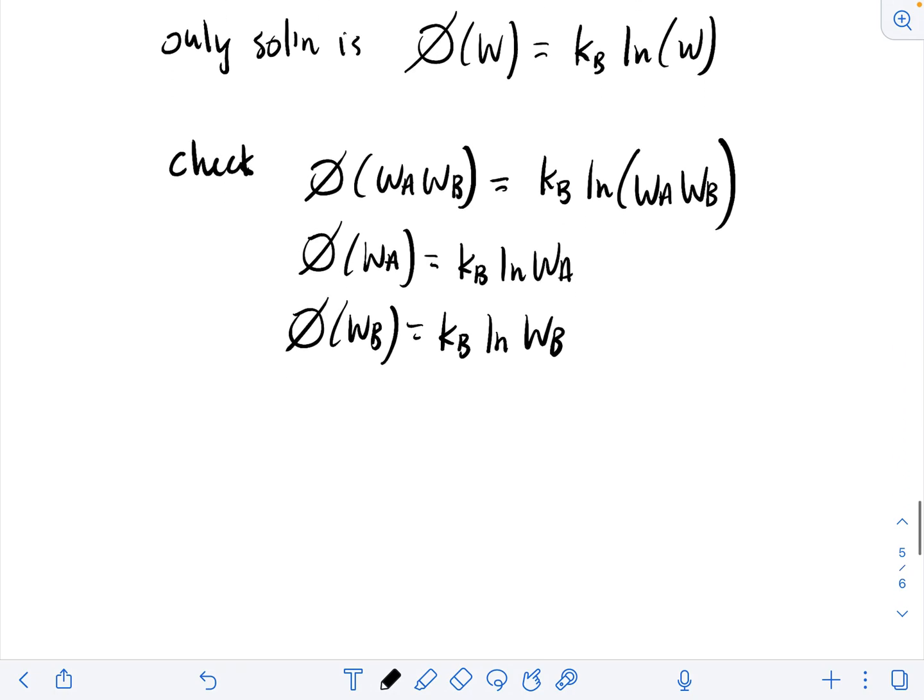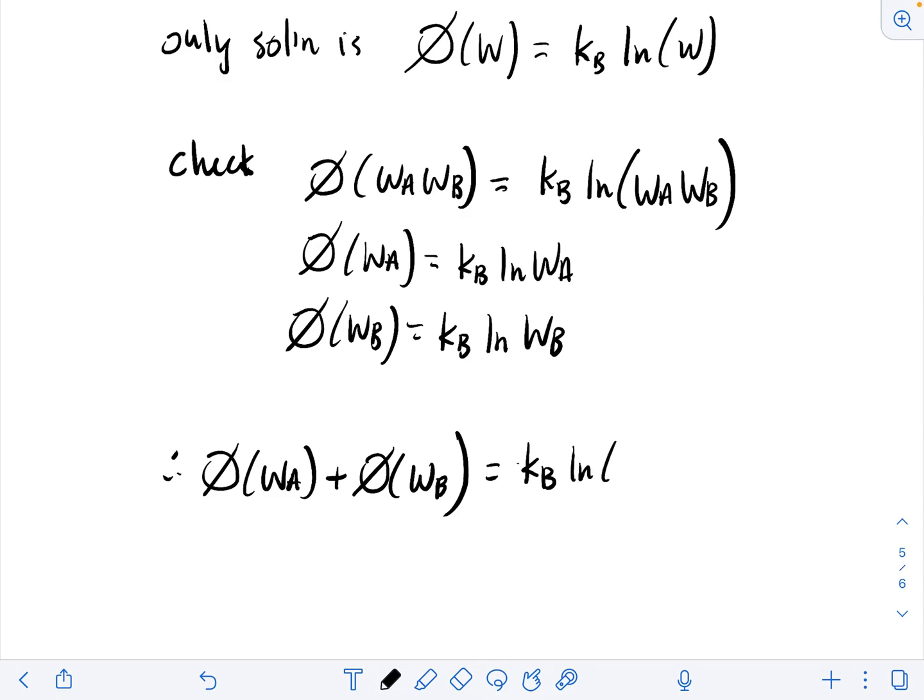So if we take the sum of the entropy of system A and the entropy of system B, that's going to be KB ln WA plus KB ln WB.